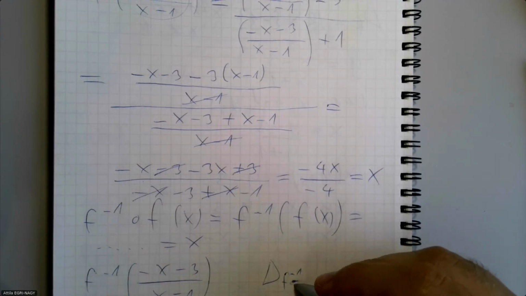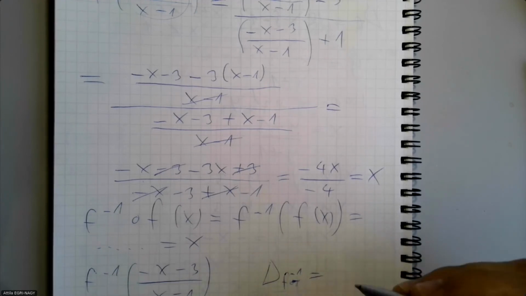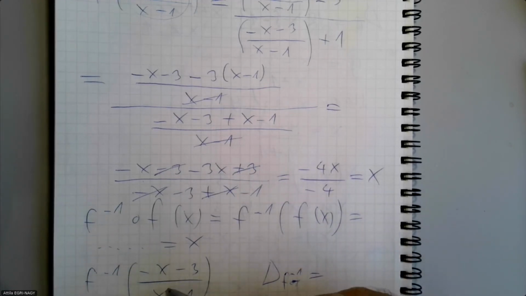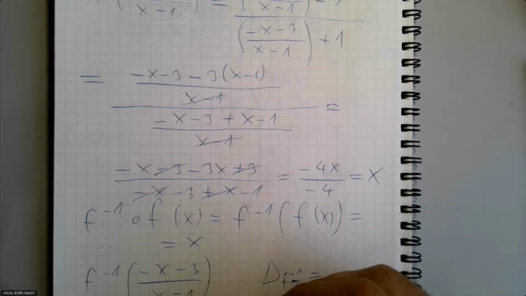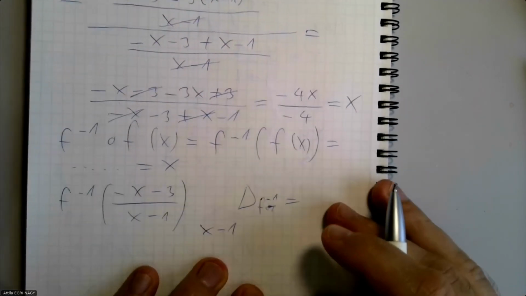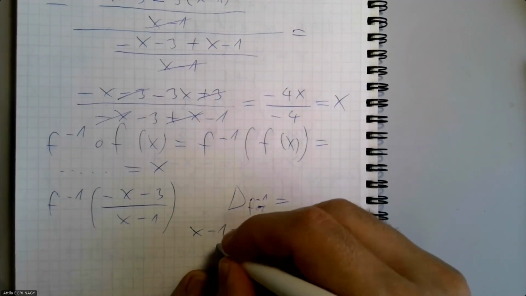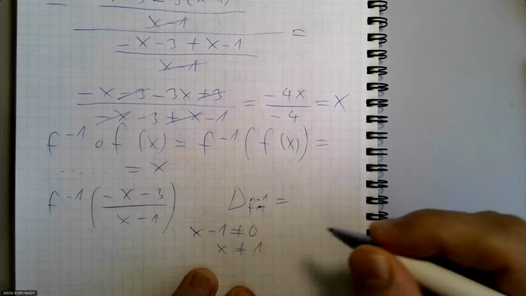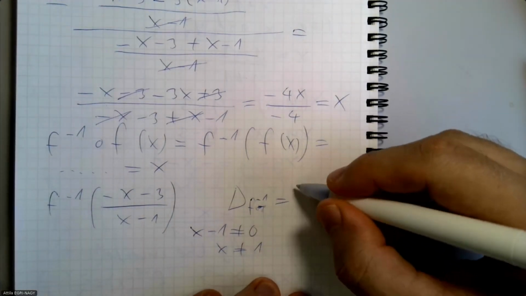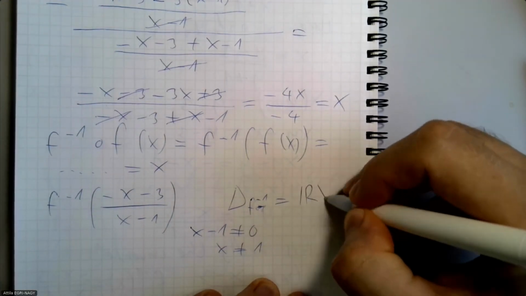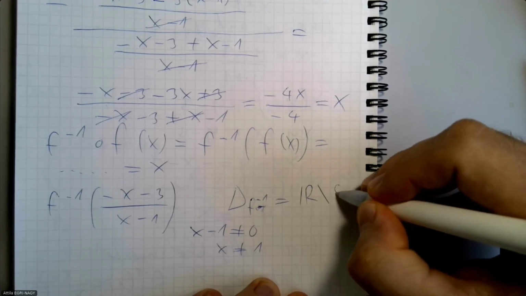That will be, well, let's not cut it short because we are not in a hurry. So x minus 1 cannot be 0, x cannot be 1. So we have all real numbers except 1.